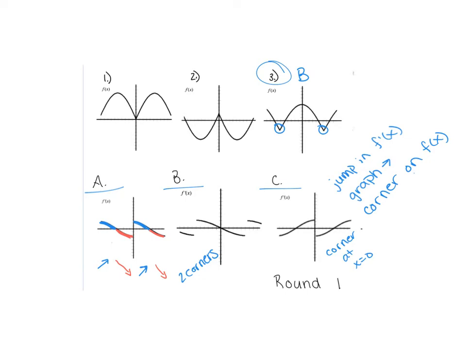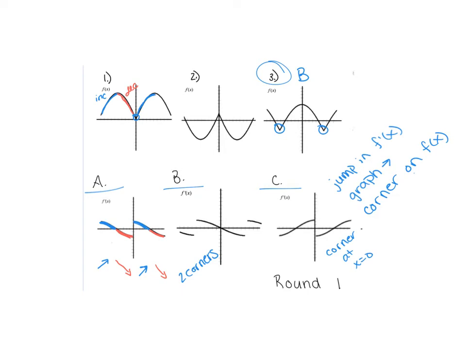So if we look at our two graphs, 1 and 2, for graph 1, this first section is increasing. The next section is decreasing. I have my corner at x equals 0.